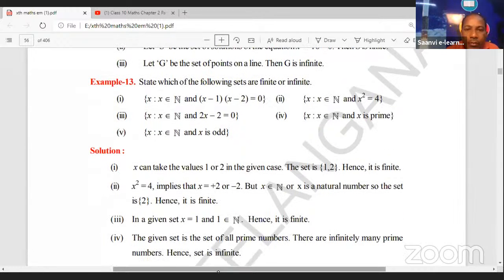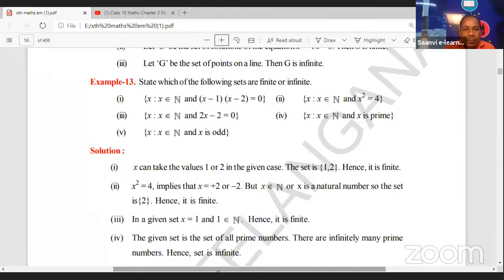See students, here, observe this example 13. State which of the following sets are finite or infinite.